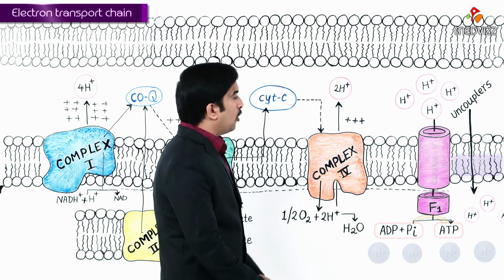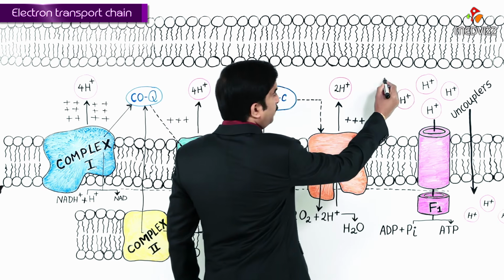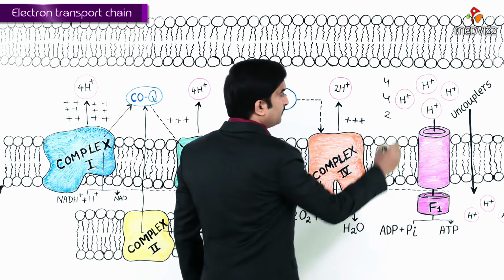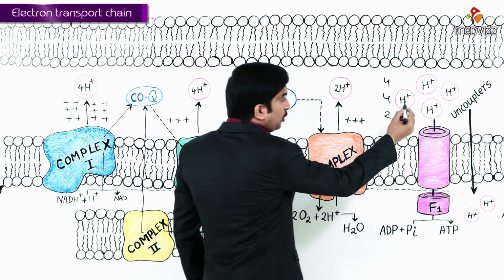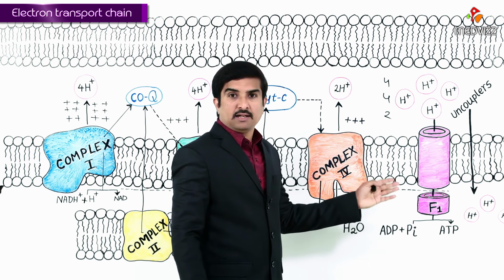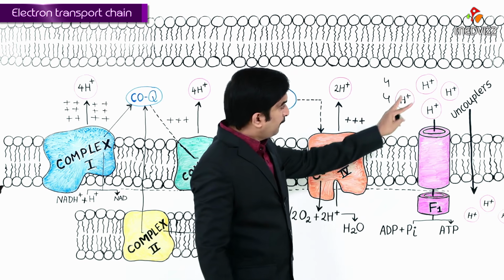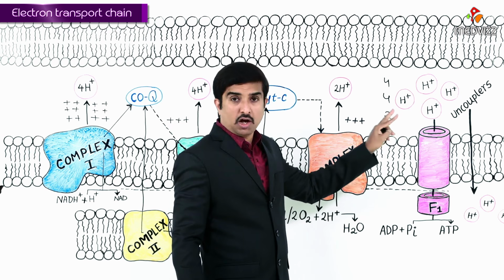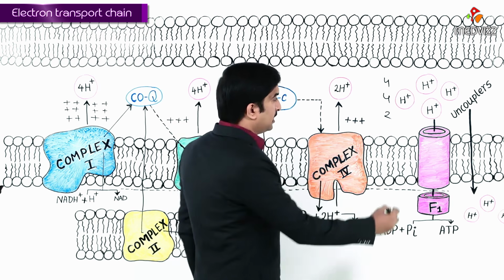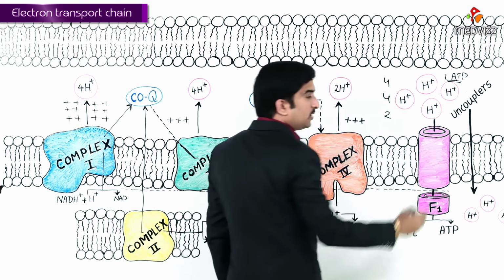Which means how many protons do we have? If it is the NADH pathway, I will write it as 4, 4 and 2. For every 4 hydrogen ions, that is for every 4 protons flowing during this ATP synthase process into the mitochondrial matrix, 1 ATP molecule is produced.